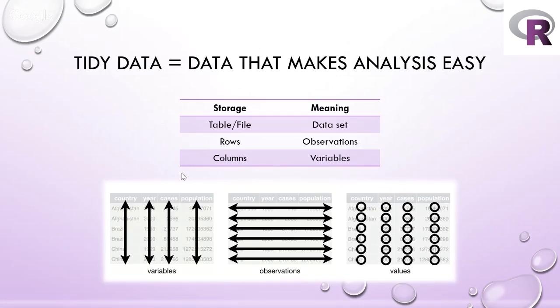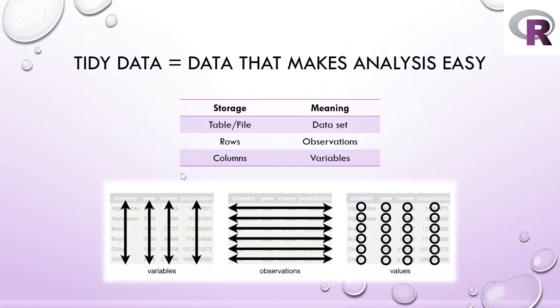But when we import that data into a table, it forms a data set, and that is stored in a table or file in our language. And in that table, we have certain rows and certain columns.